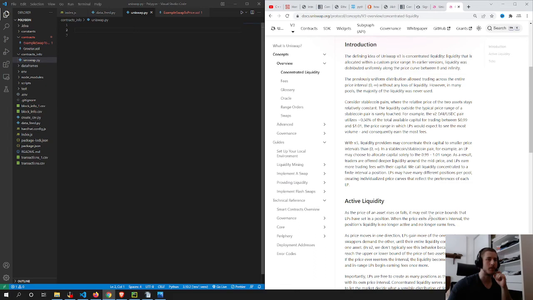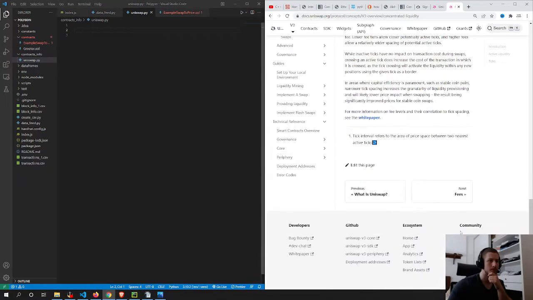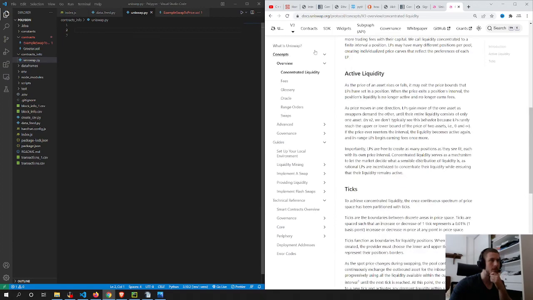And it's still hard for me to understand the price thing though, after reading all of this. Maybe I'll have to look at the V1 first because it's easier to understand. Yeah, let me do that.